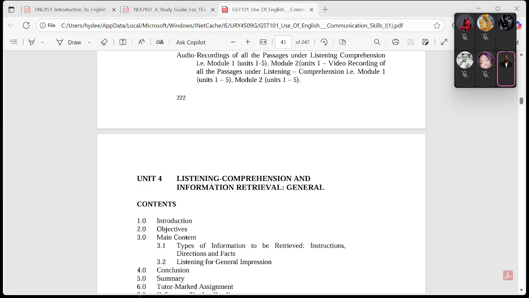The first is instructions, the second is directions, and the third is facts. We talked about that. The fourth one says why is the skill of listening for information important? I've given this information already in the unit. For number three, you are meant to be doing note taking, not note making.